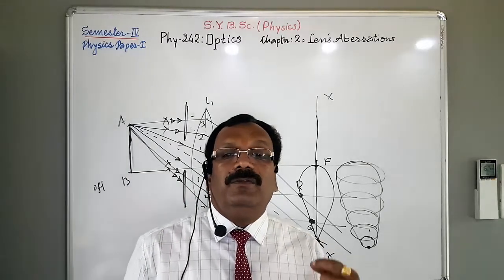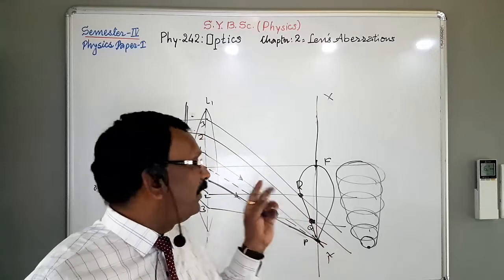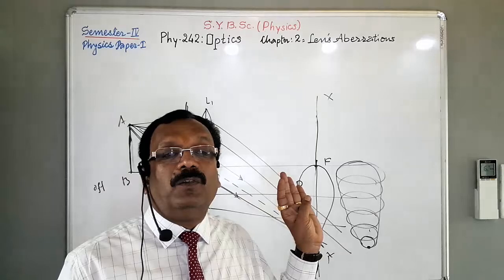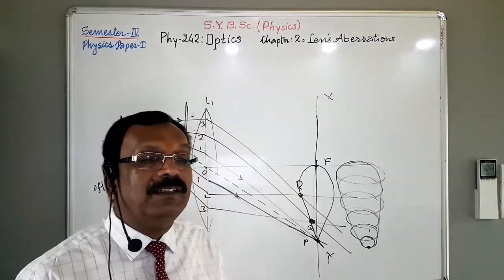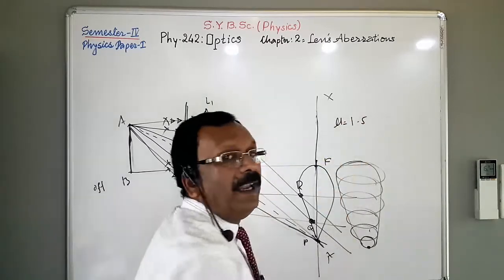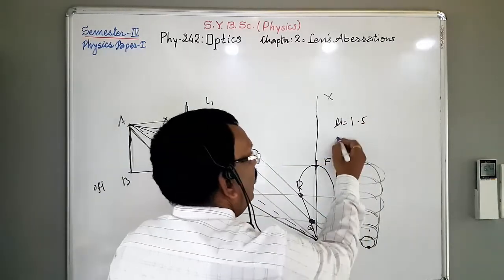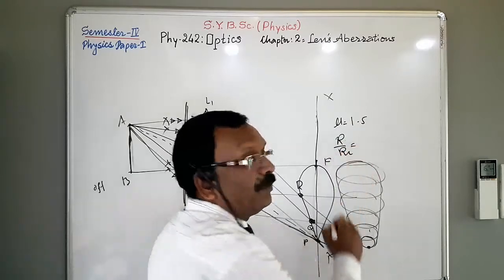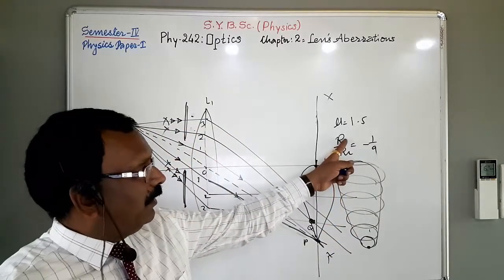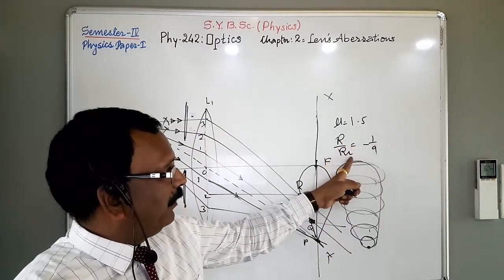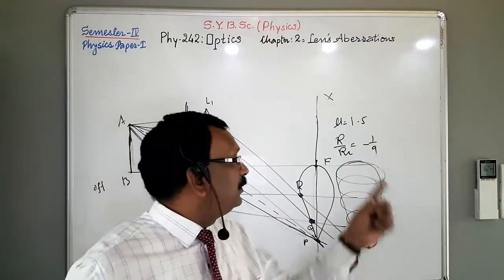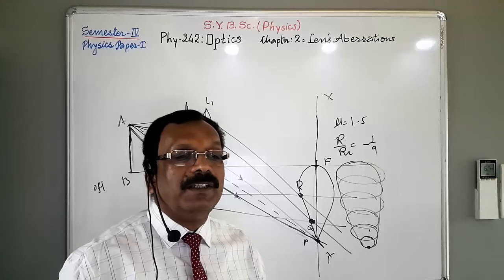For example, for an object situated at infinite distance from the lens, the aberration can be minimized by using a lens of refractive index 1.5 and R1 upon R2 equal to minus 1 by 9. That means if the radius of curvature R1 is 1, the second curvature is 9. By using this we can reduce the aberration.